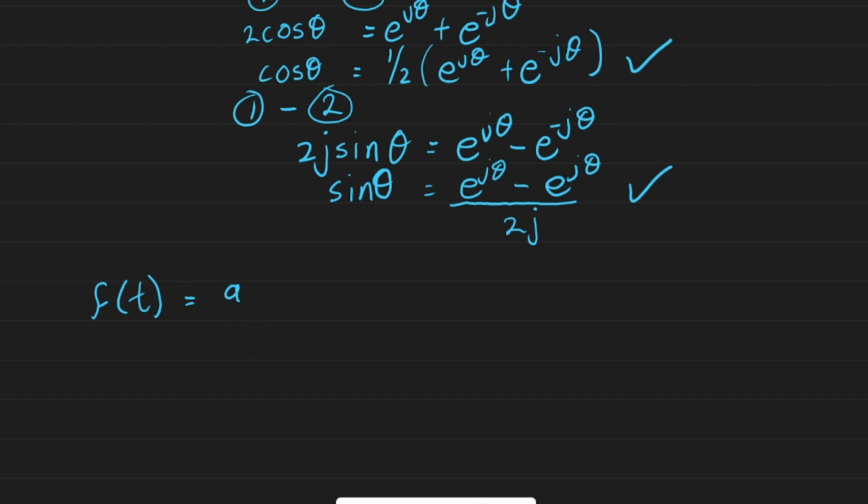And it was equal to a naught over 2 plus the sum, where we have this number n that starts from 1 and goes to infinity. And we have a_n as a coefficient multiplied by cos of n omega t. And you'll remember that omega is the angular velocity and t is time.